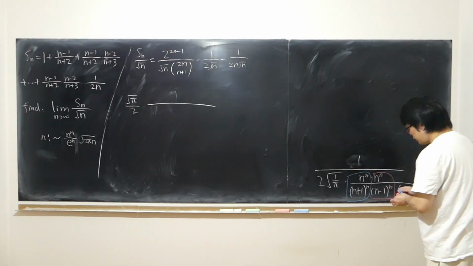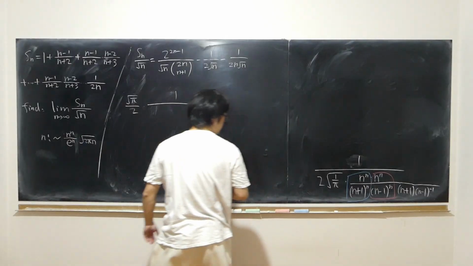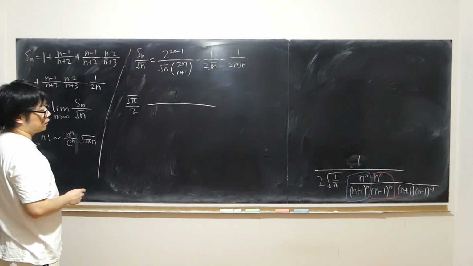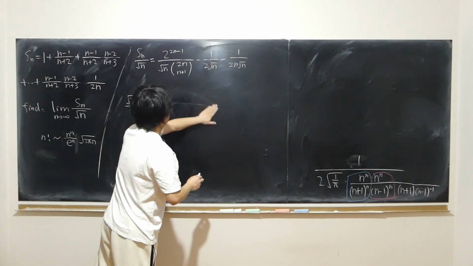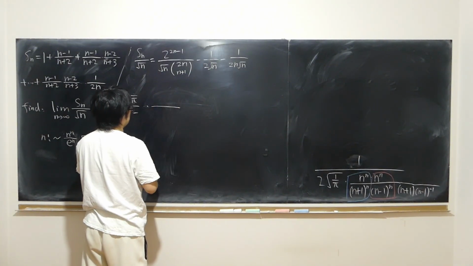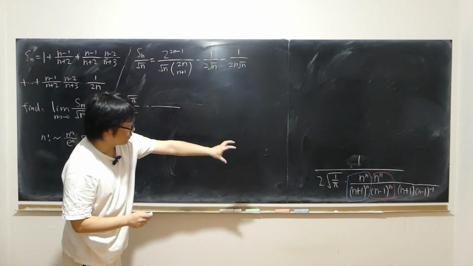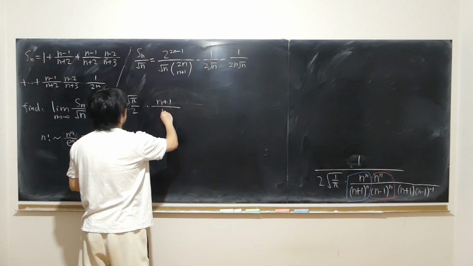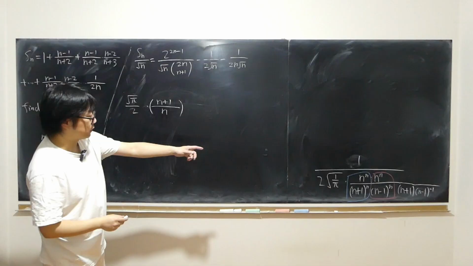So what happens now is that I'm just going to flip the blue, because we have 1 over that thing. So it becomes n plus 1 over n, with the same power, that's n.